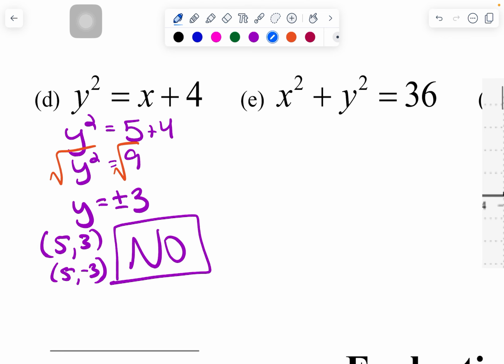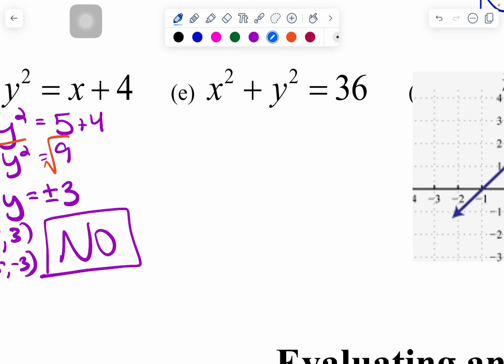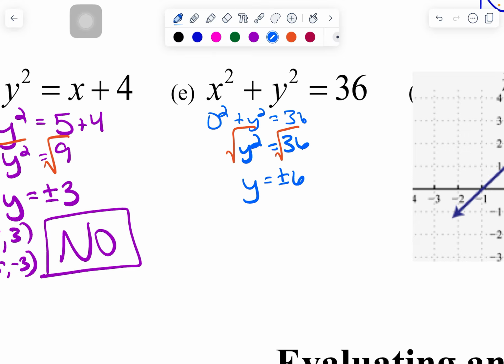Okay. Sliding over to part E, we've got x squared plus y squared is equal to 36. Again, I'm going to throw a value in for x. To keep it super simple this time, I'm just going to go ahead and use 0. All right, so 0 squared plus y squared equals 36. Obviously, 0 squared is going to disappear, so we've got y squared is equal to 36. Hey, guess what? I got to take a square root again, which also means I'm going to have another issue with a plus or a minus.